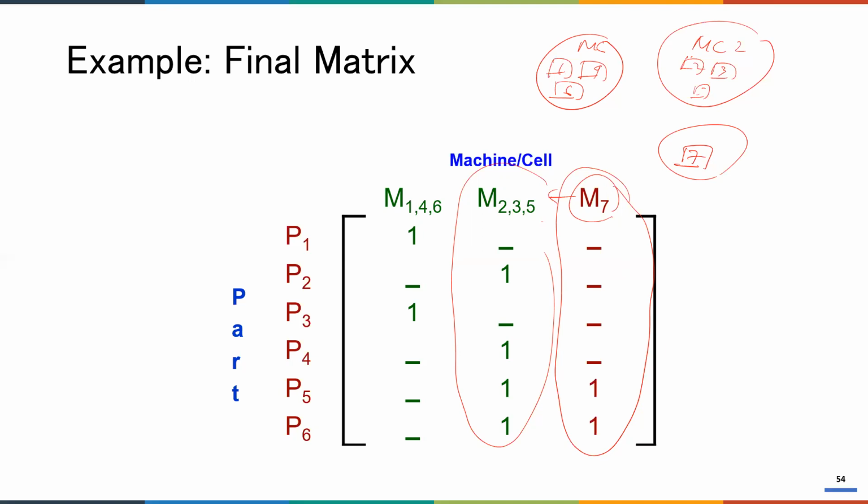However, obviously, when you make a cellular manufacturing system, you try to minimize the movement and simplify the process. So if your option becomes more complicated compared to the initial one, obviously you shouldn't use that.